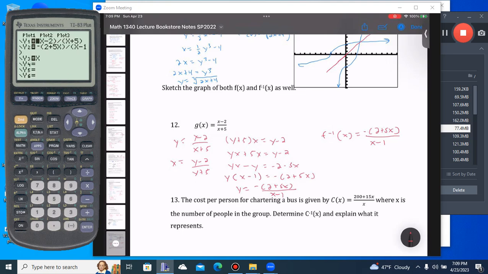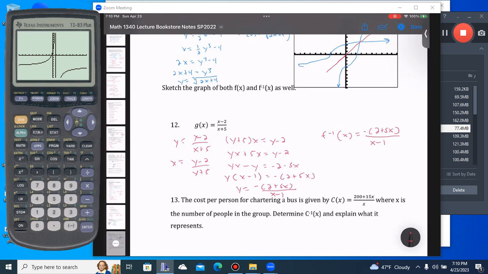Let's do this. Turn this off. Turn this one off too. Let's see what this graph looks like. But it is 1-to-1. And so when we look at the next graph, notice it's flipped.